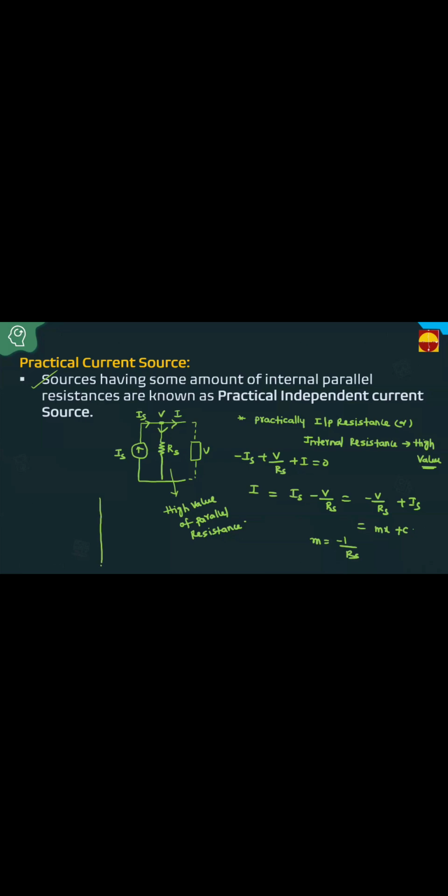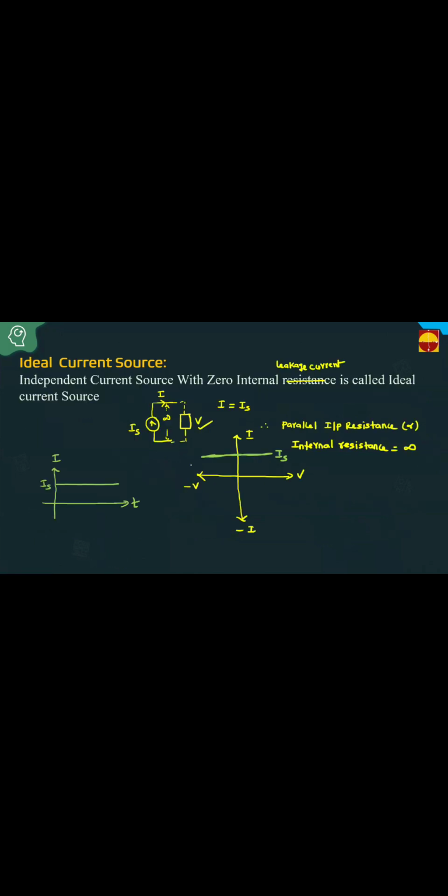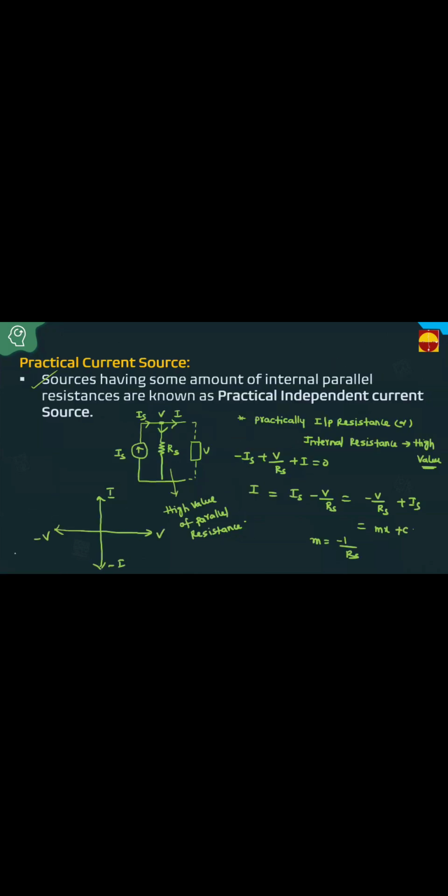If you draw the characteristics for a practical current source, with I and V axes, an ideal source is exactly a straight line. But there is a slight reduction in the current, so you get the characteristics like this. The slope of reduction is minus 1 by Rs.